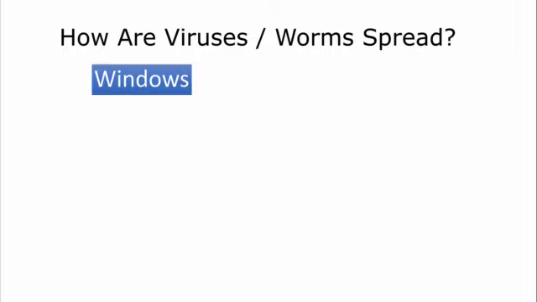It doesn't mean that Mac or Linux is any less vulnerable than Windows. It's just that there's been a very big focus by the malware authors on Windows because of its large footprint globally. Next up is Android.